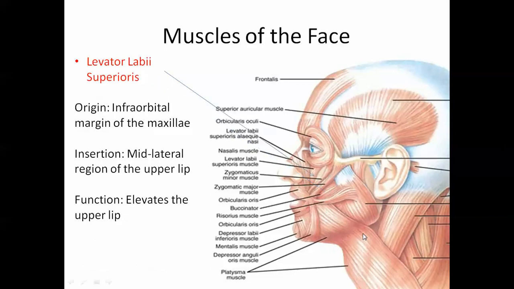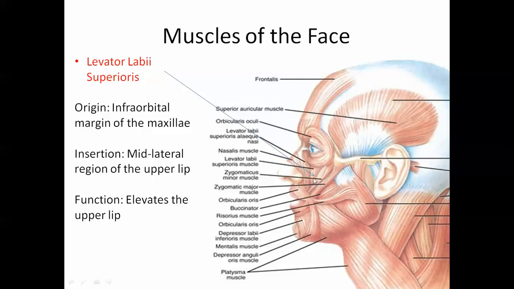All right, levator labii superioris. Some of these names are going to tell you exactly what they do, and when you know what they do, you can kind of determine where they're located. So here's levator labii superioris. Levator means to elevate, right? When this muscle constricts, it's going to shorten from this direction and move up.